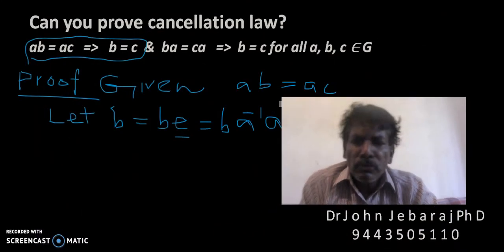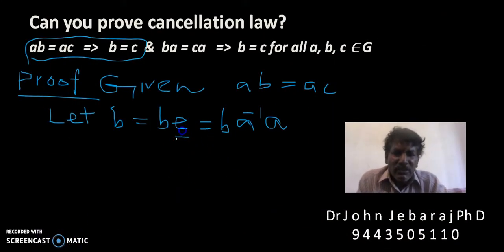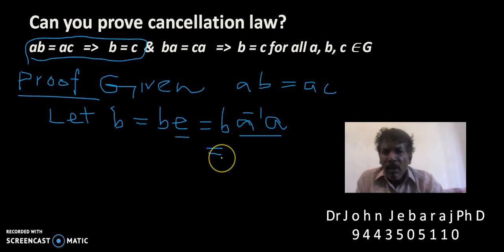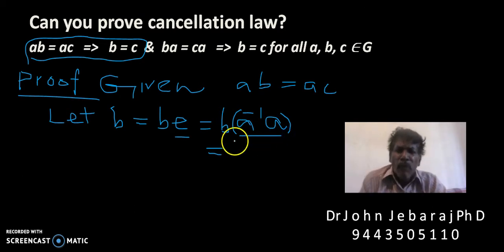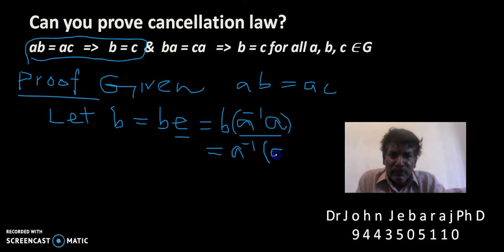So what I have done here is that instead of the identity element, I have written A inverse into A. Now this is exactly equal to B times A inverse A. From the associative law we can associate these elements and write it as A inverse into AB, because the group satisfies the associative property.